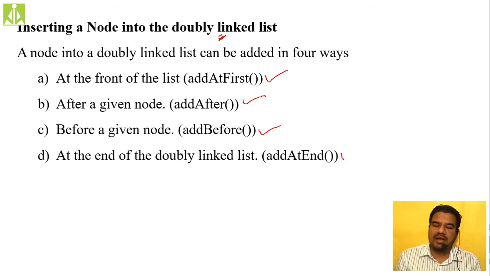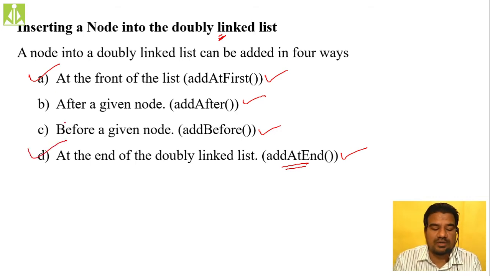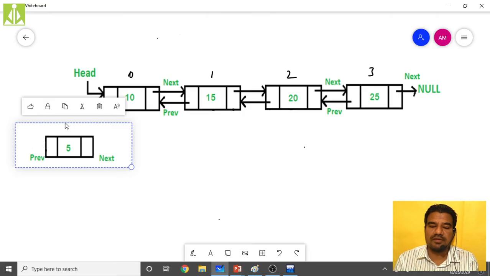Then add at end will add the node at the end of the doubly linked list. All these things we have to discuss. In today's class, as I said, we discuss only these two, the A point as well as the D point. The rest of the two we will see in our next class.